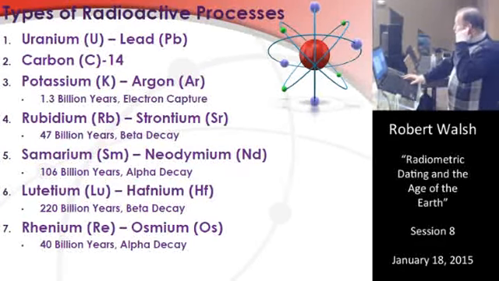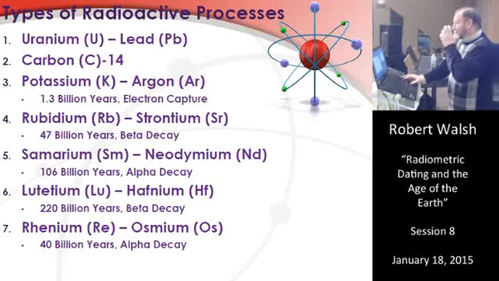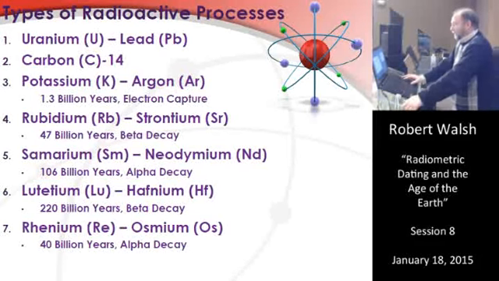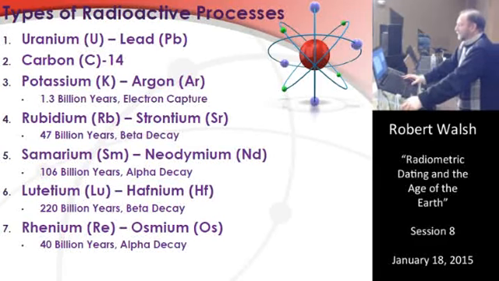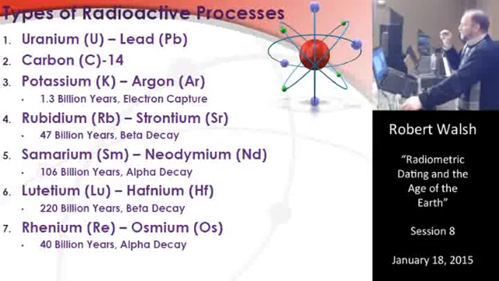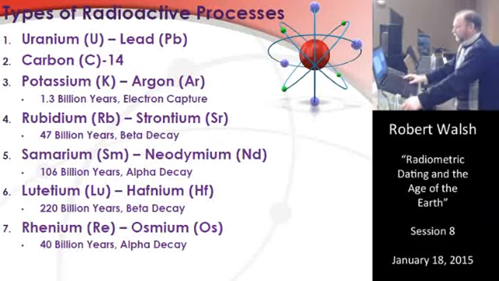This is used to date archaeological and more so not archaeological but geological structures. It has a half-life of 1.3 billion years, and it decays by electron capture. In other words, the protons in the nucleus capture one of the low-lying electrons, and that proton turns into a neutron.